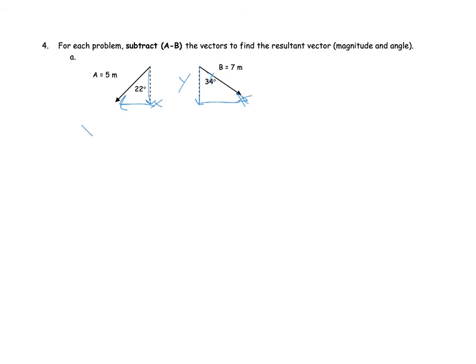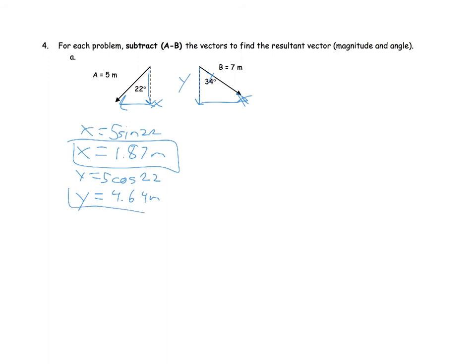So for A, the x component is going to be 5 sine 22 because it's the opposite side. So that x component is going to be 1.87 meters. And the y component is going to be 5 cosine 22 because it's the adjacent side.